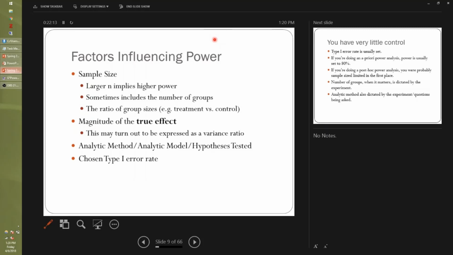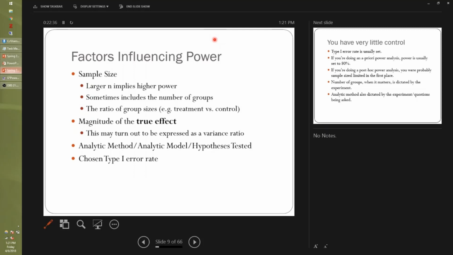So by default, power is increased because whether or not the null is true, you're just more likely to reject it when you increase your alpha level. And so if you go to 0.01 from 0.05, you've reduced your power. You made it harder to reject the null, and that's independent of whether or not the null is true. Does that make sense? Okay.